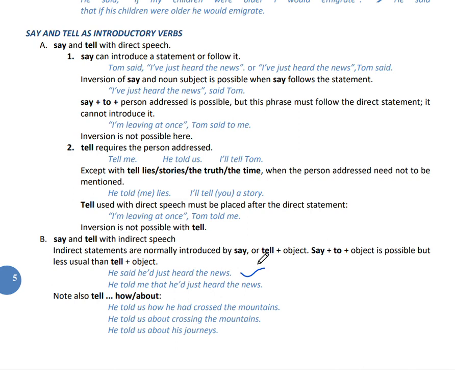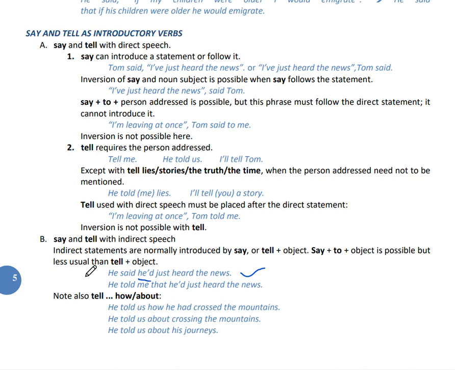So in here, when you see this, it could mean he would and also he had. So you have to be so careful while you are understanding something. Okay? In this sentence, it is he said he had just heard the news.